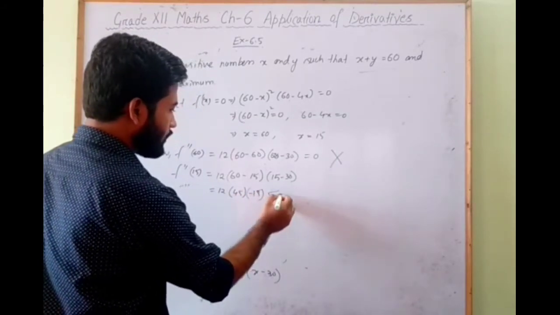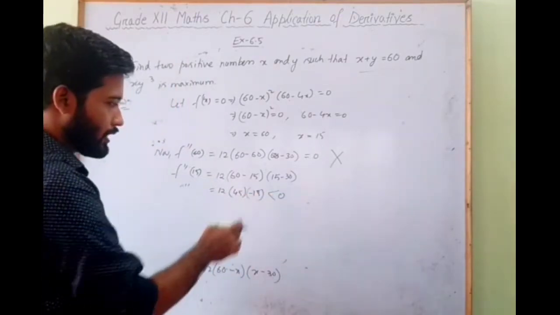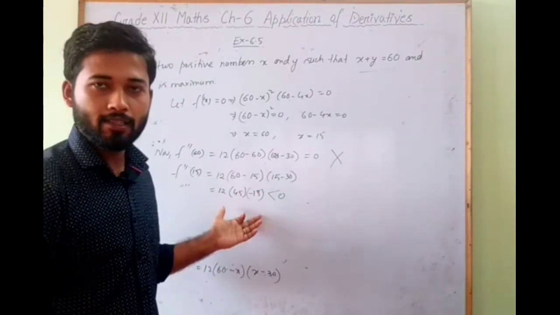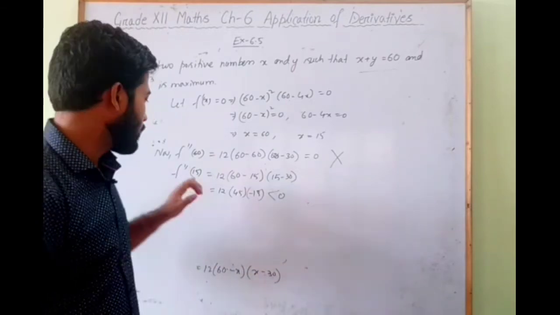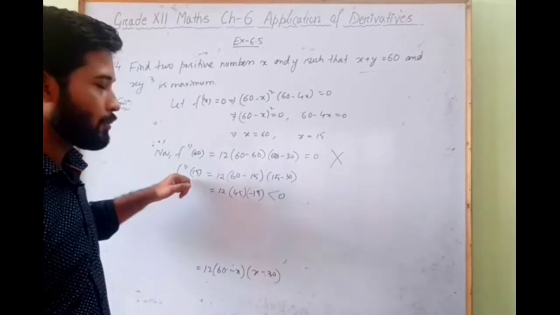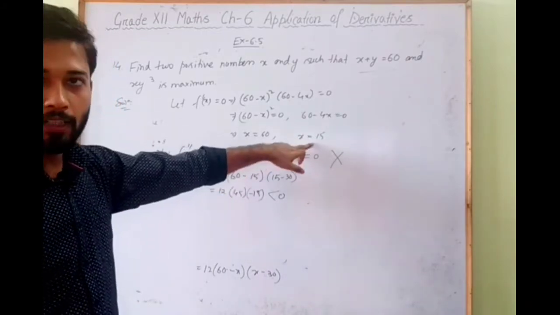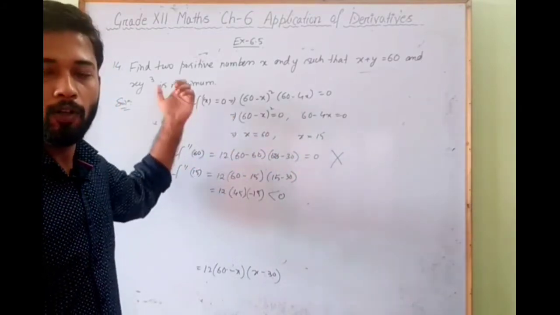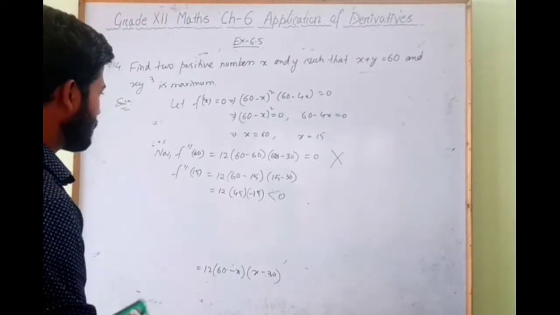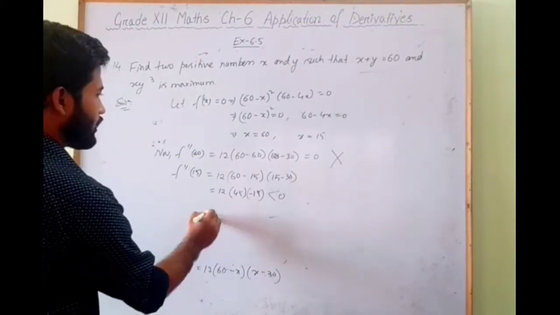So this is a negative value, isn't it? Because the negative sign is there, multiplying gives a negative value, so it is less than 0. Therefore f''(x) at the point 15 is less than 0, and thus at the point 15 we get the maximum value of the function f(x). Fine, so that will be the answer.